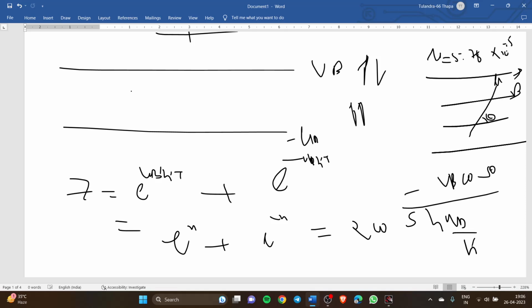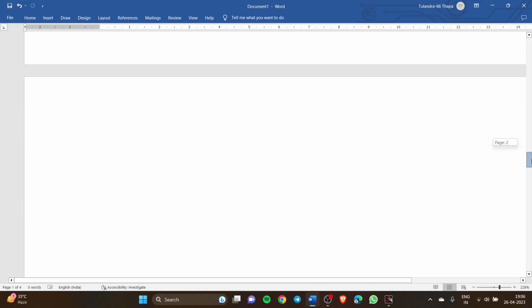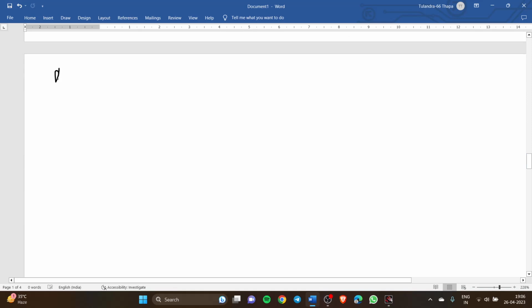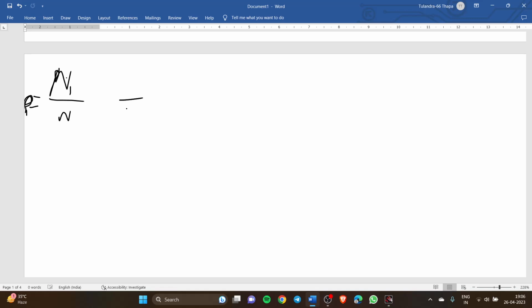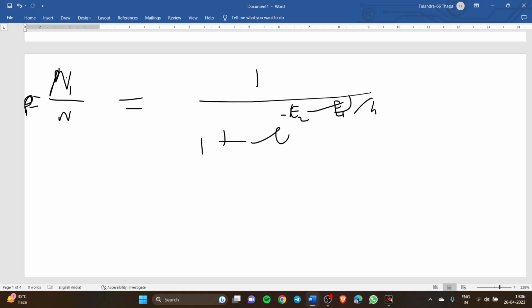Then we have the formula for the populations: p1 is n1 upon n, which is 1 upon 1 plus e to the power minus (e2 minus e1) upon kT.